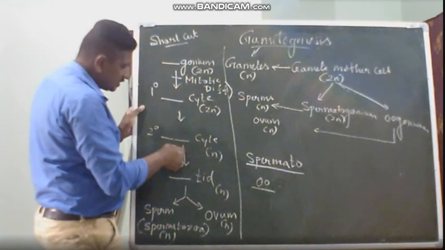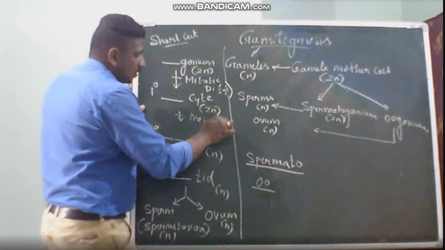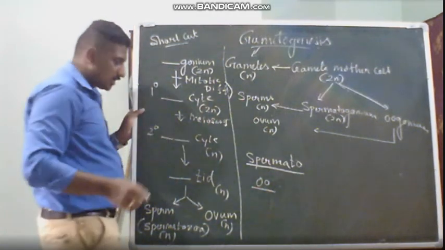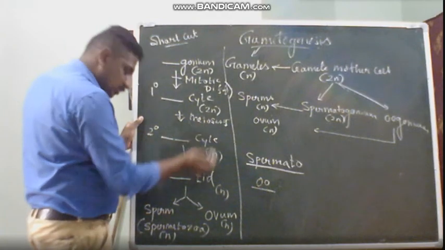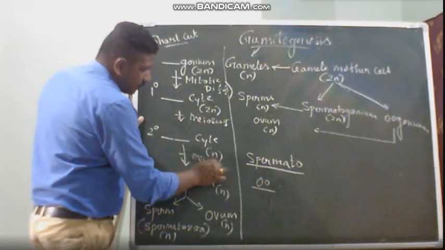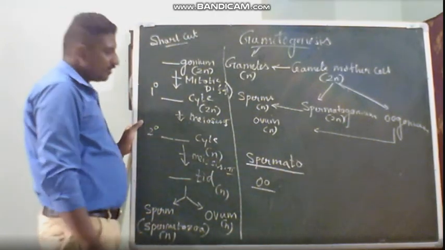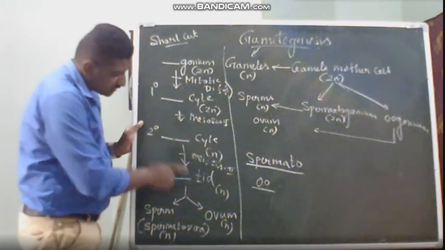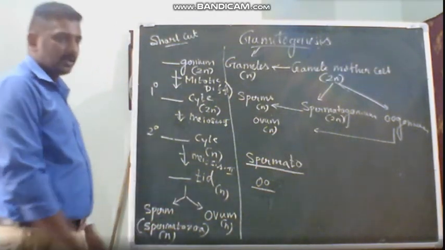Primary oocyte to secondary oocyte is meiosis 1, where the equal and unequal division concept has to be discussed. Secondary oocyte to ootid or spermatid is the completion of meiosis division number 2, and there also some mitotic differentiation takes place.